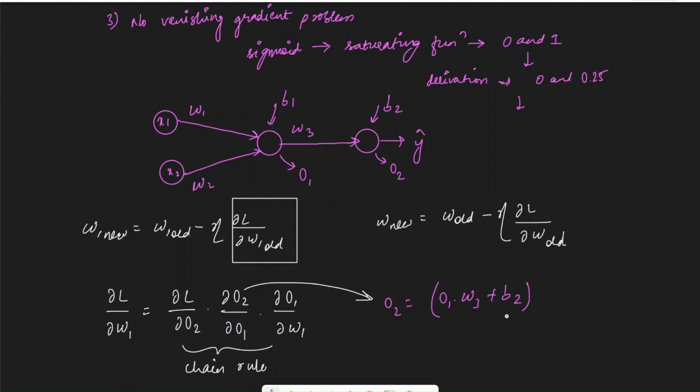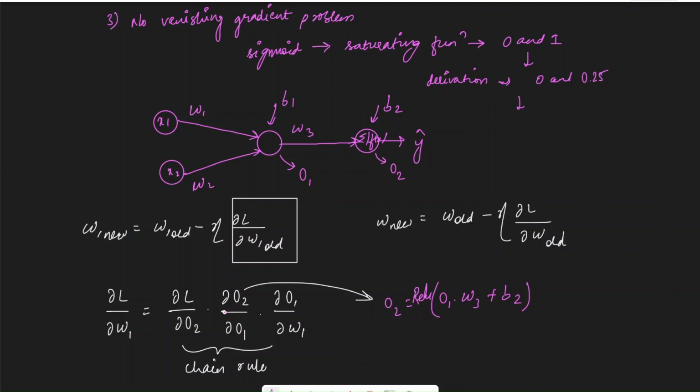So O2 can be rewritten as this. And on top of this, we have to apply the activation function as well, which is ReLU in this case, because our neuron performs two operations. First is summation, and then we apply an activation function. In our case, the activation function is ReLU. So O2 is finally this value.